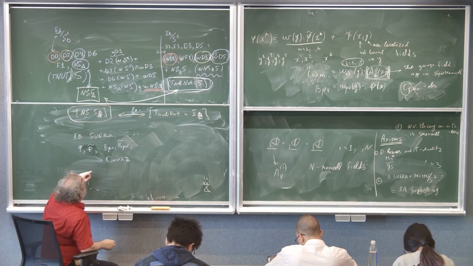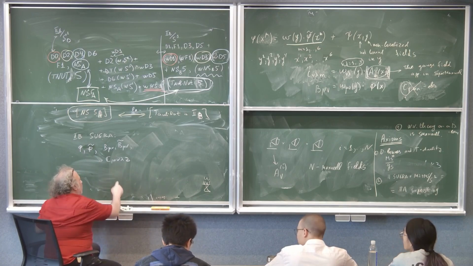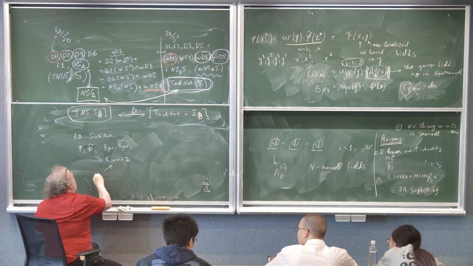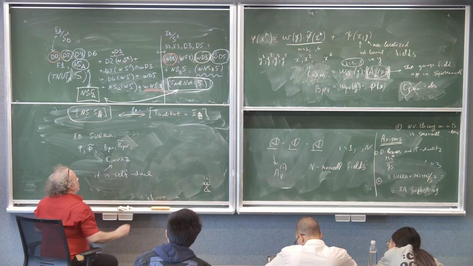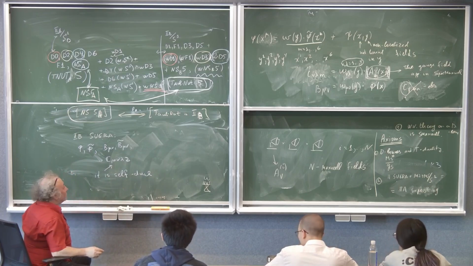And what is known from type 2b supergravity is that this C is self-dual. In which sense is it self-dual?